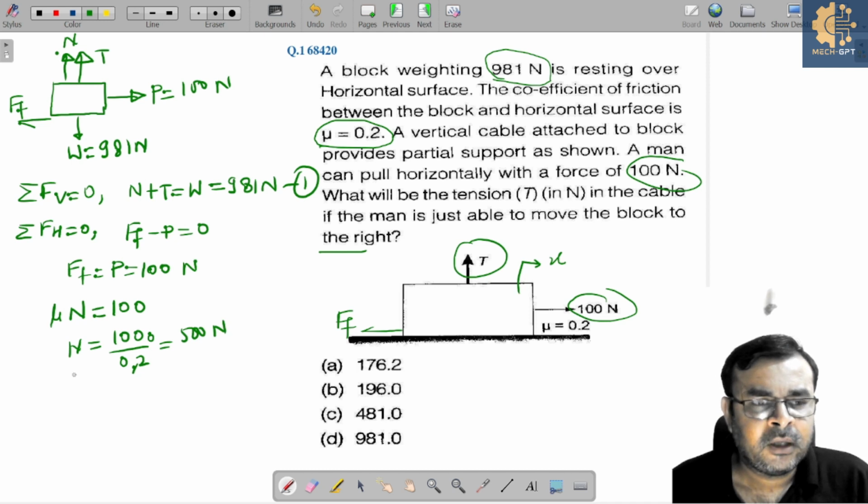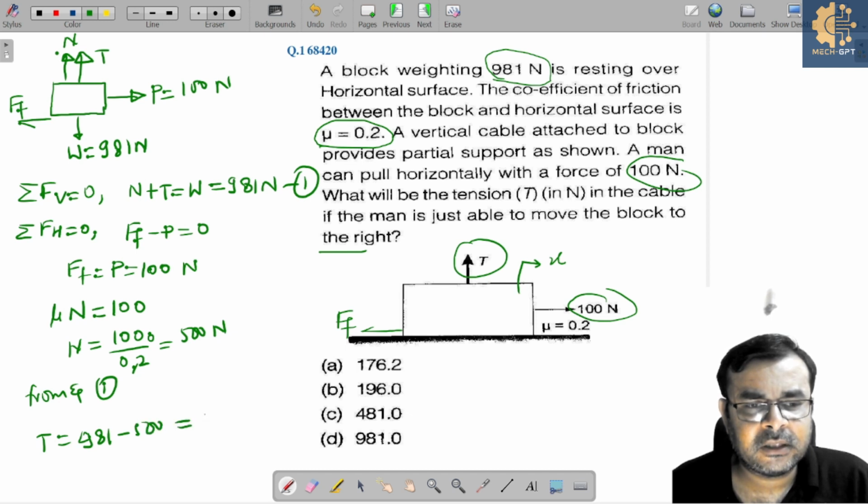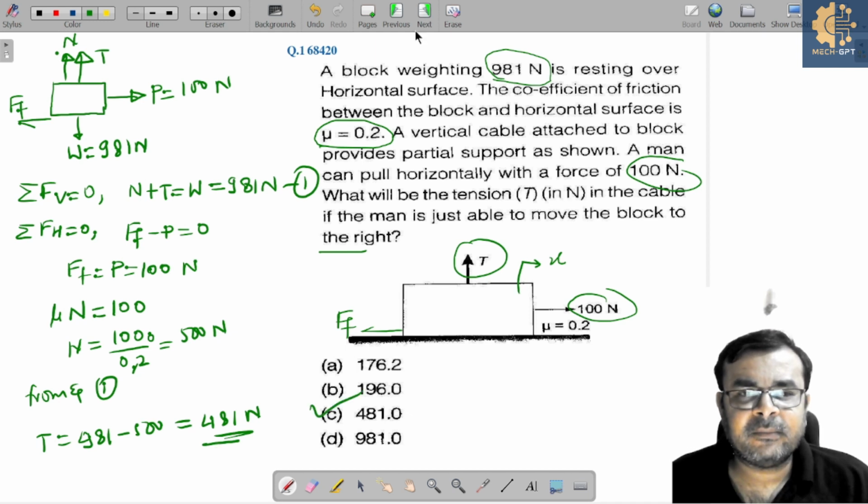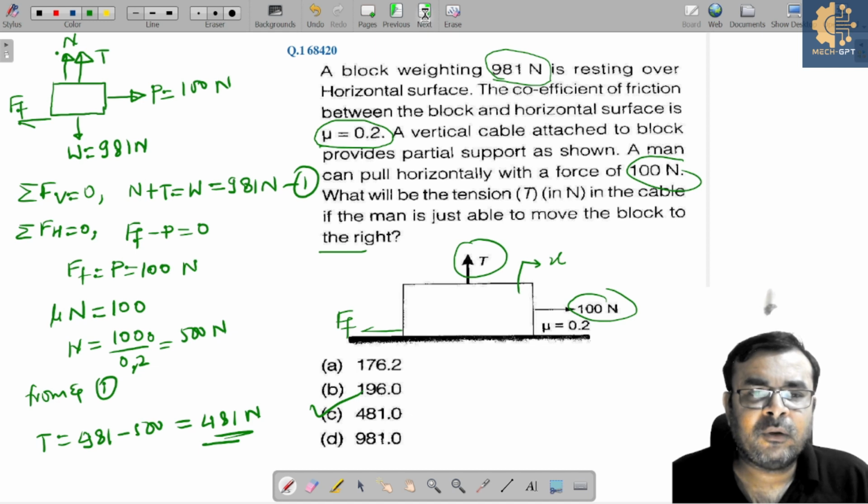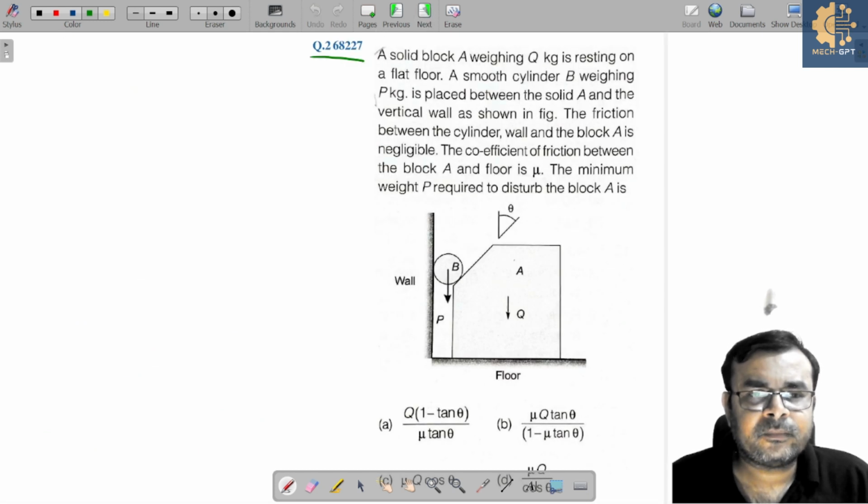After getting this normal reaction, from equation 1, T is nothing but 981 minus N, that is 500, which gives us 481 Newton. So the correct answer is option C. So this is a very simple question. Okay, so let's see another question.